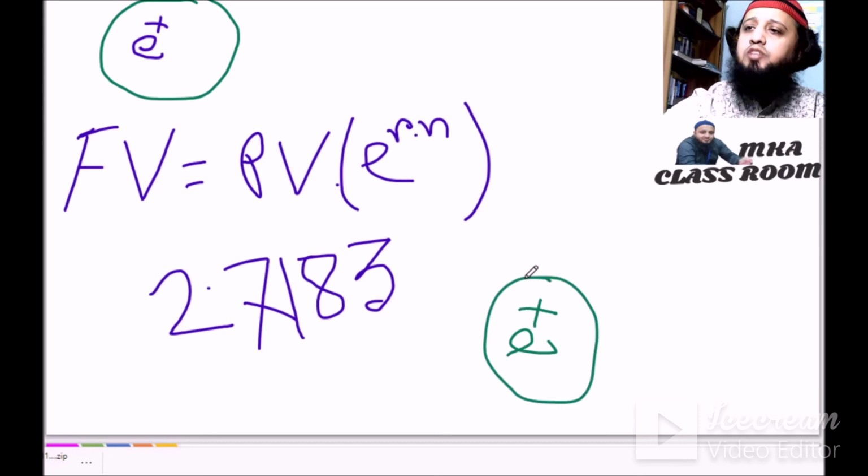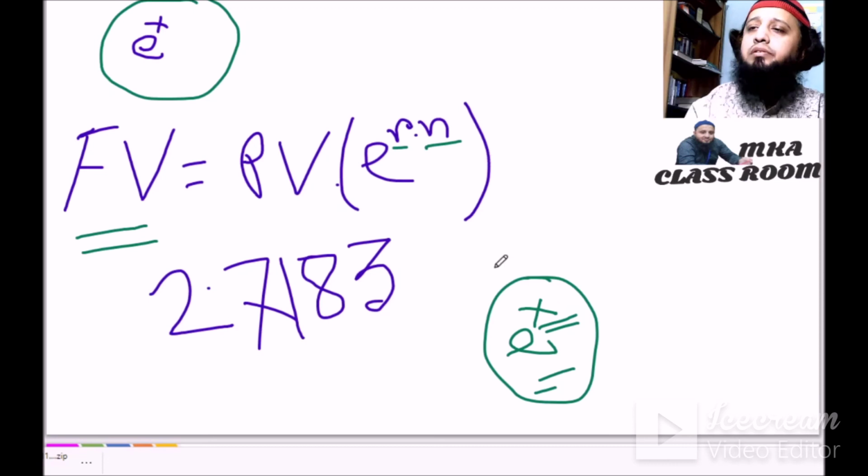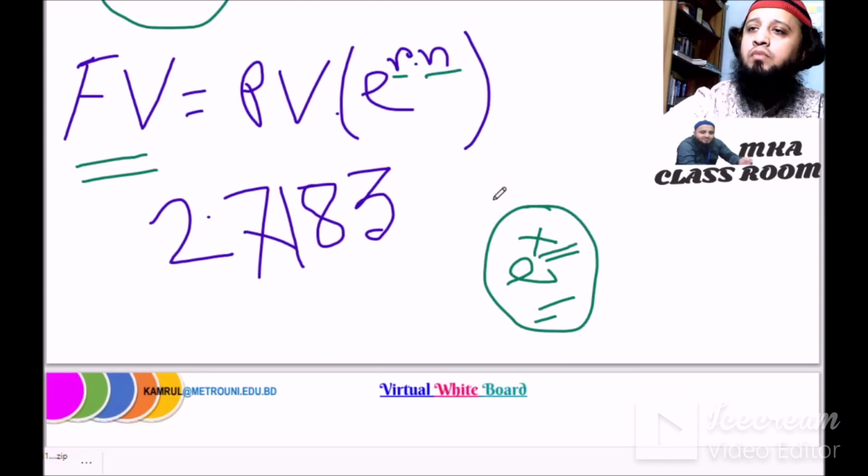You can use that button to solve this type of future value problem. Here x is the rate of interest times the number of periods, r times n. R means rate of interest and n means number of periods. That is continuous compounding.